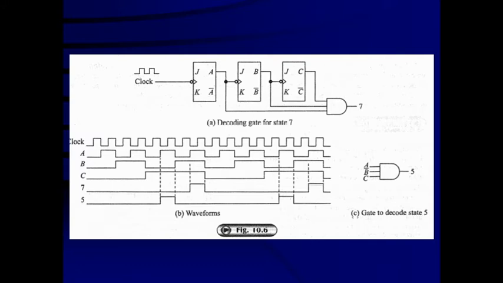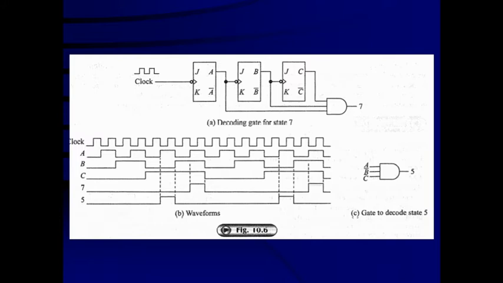The clock is applied to the first flip-flop A, which is the LSB. The output of A is connected to flip-flop B, and the output of B is connected to flip-flop C, and hence the output goes from flip-flop to flip-flop, and hence it is known as the ripple counter.